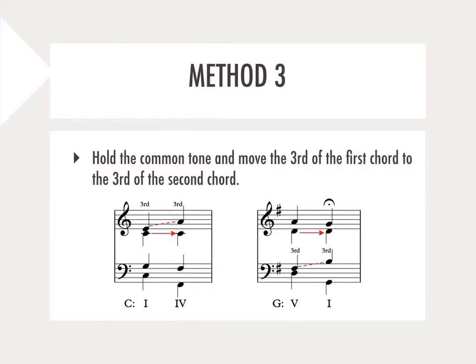In method 3, you again hold the common tone, but you move the third of the first chord to the third of the second chord. Now, Bach usually uses this in only two situations. When the thirds of each chord are in the soprano, like the first one, this creates a leap of a fourth.